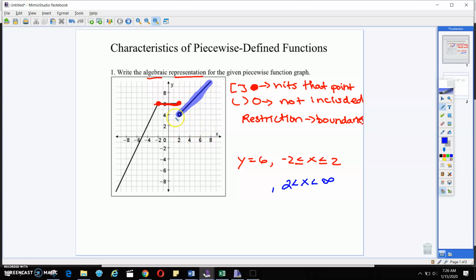Okay, so let's write the equation for this line. I know that's one thing that we struggled with in Algebra 1. How do I go about writing the equation for this line? Well, we know that it's linear. What's the slope of this line?